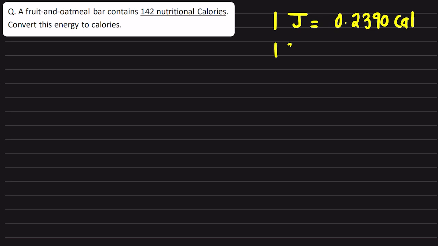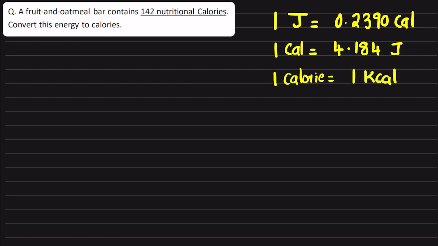We have 1 cal equals 4.184 joule. We have 1 calorie equals 1 kilocal, which is equal to 1000 cal. And we know that 1 kilojoule equals 1000 joule.